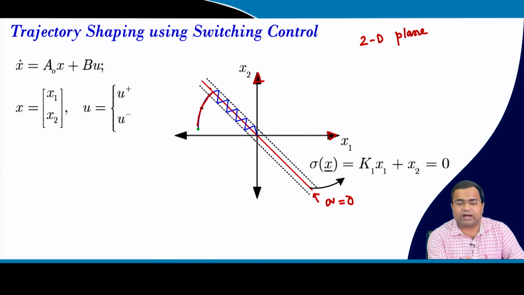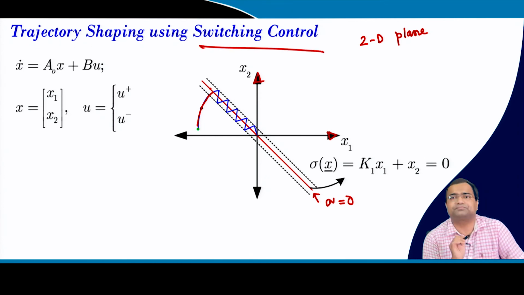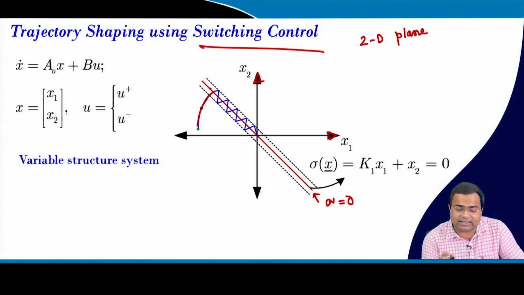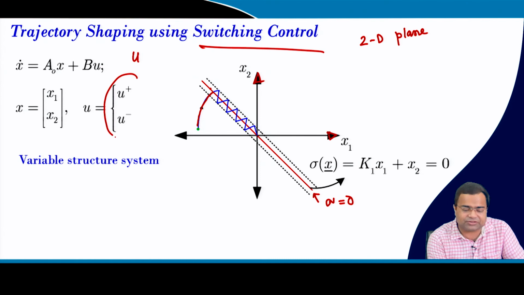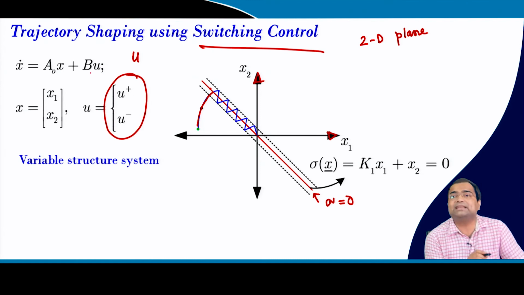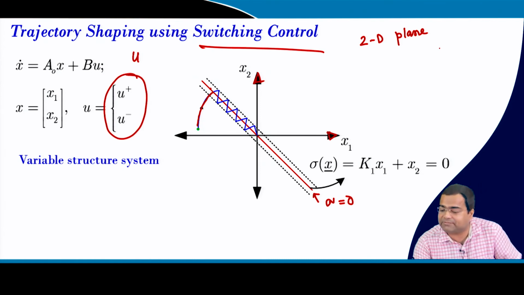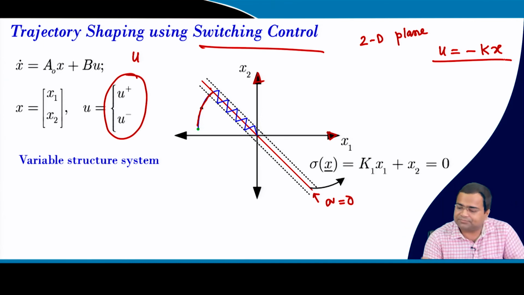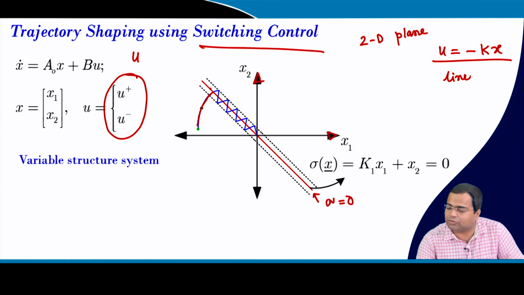So, that requires something like a switching control, and you see, when the switch is on, U takes a discontinuous control input. In our linear feedback system, we took u equal to minus kx, a linear function of the state and the gain. That is linear state feedback control.